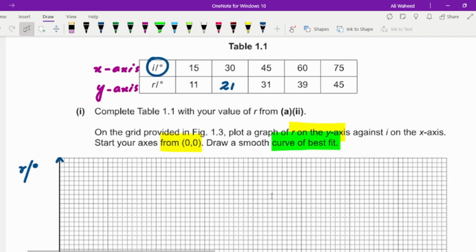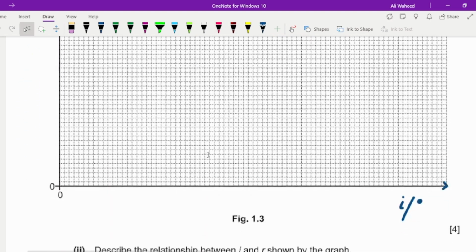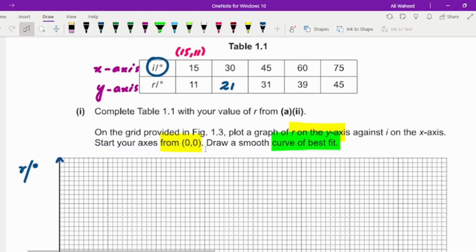Now we need to start plotting the points. The first point that we have is 15 against 11. 15 on the x-axis, 11 on the y-axis. Now first we need to scale the axes. So we have to start the x-axis from 0. The first one has to be 0, they have restricted it, and we have to reach all the way to 70.